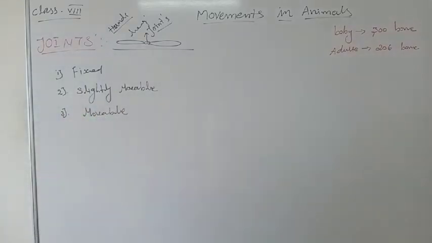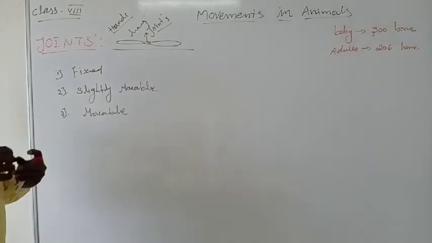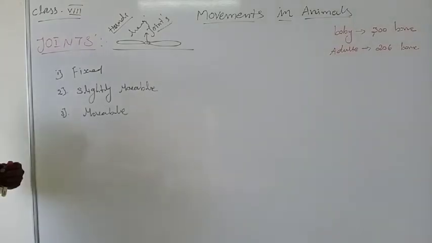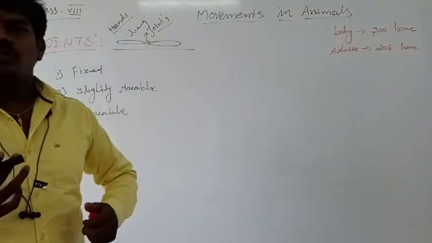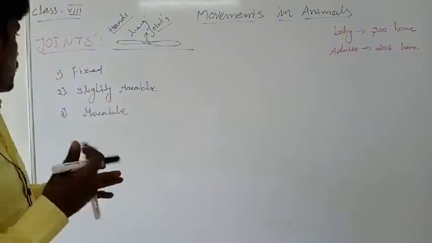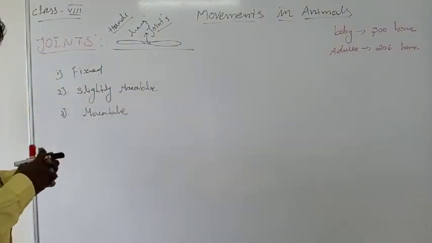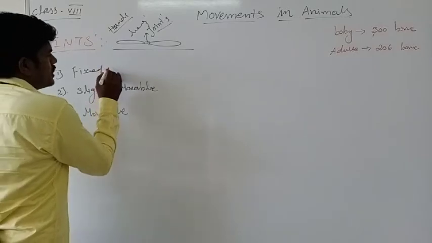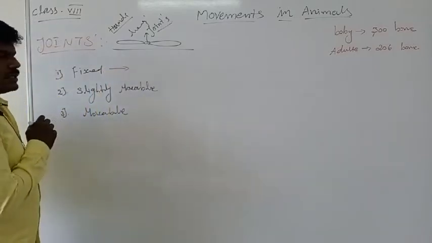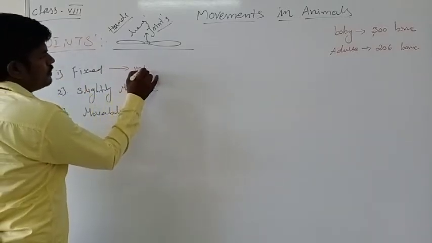These are the three types of joints present in our body. The first one, fixed, means it is not movable.